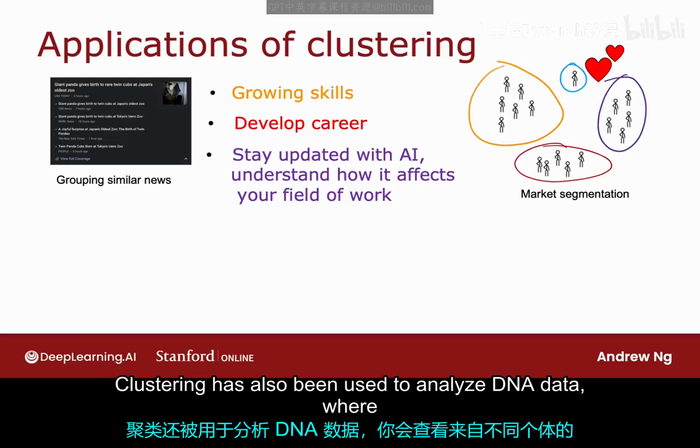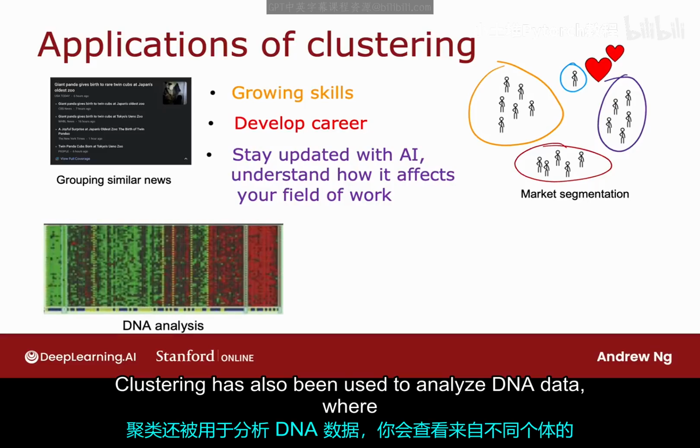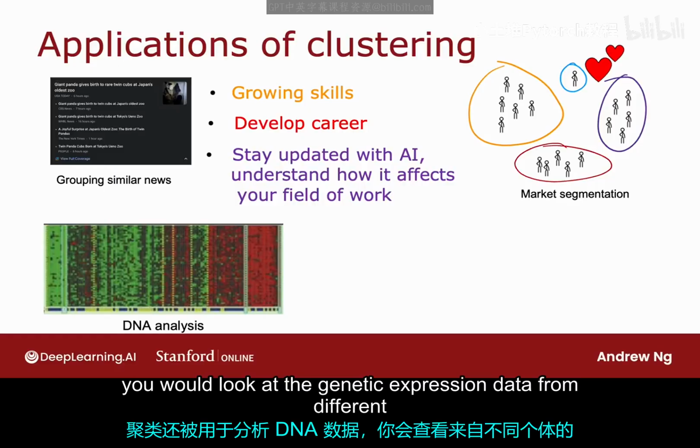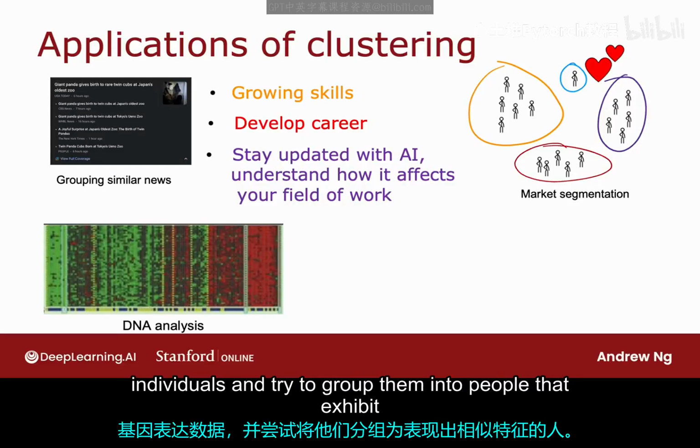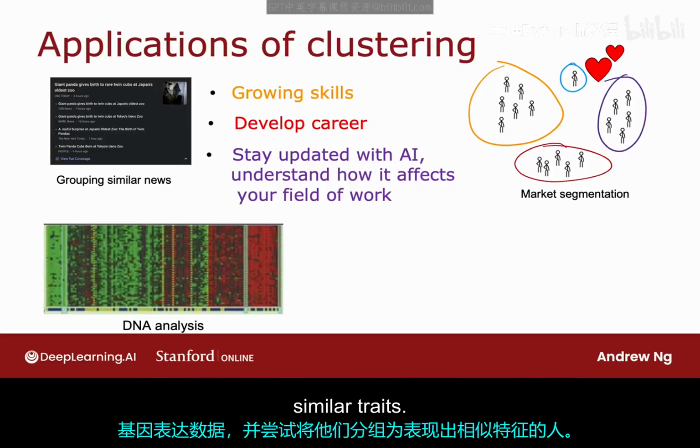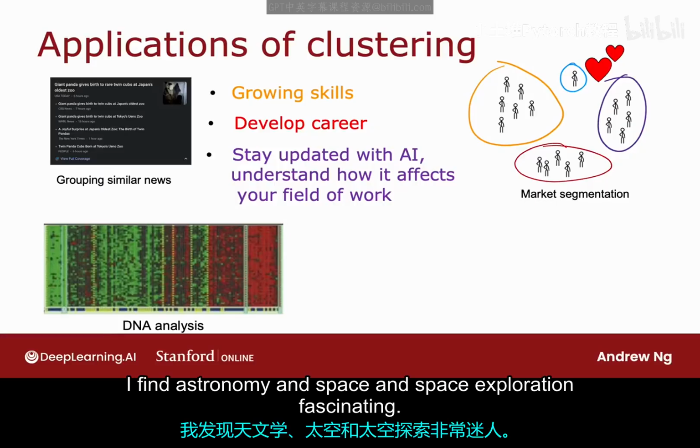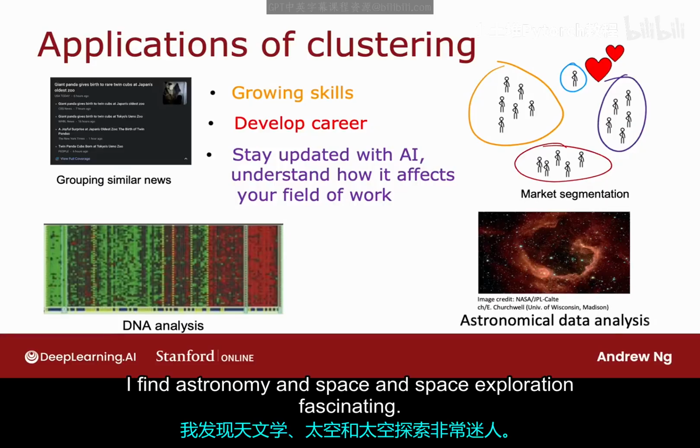Clustering has also been used to analyze DNA data, where you would look at the genetic expression data from different individuals and try to group them into people that exhibit similar traits. I find astronomy and space exploration fascinating.